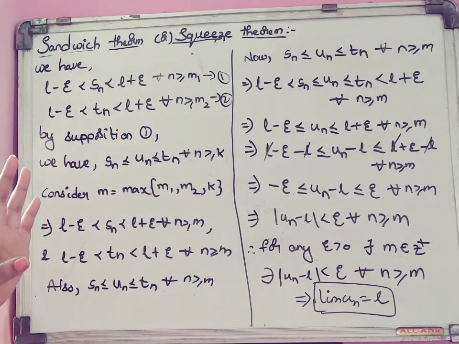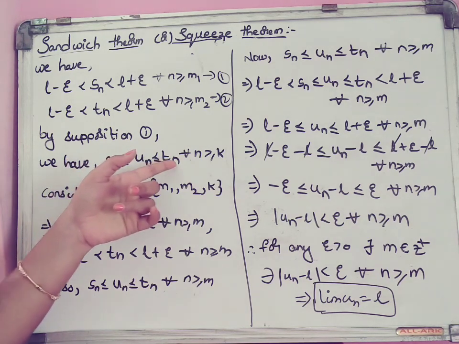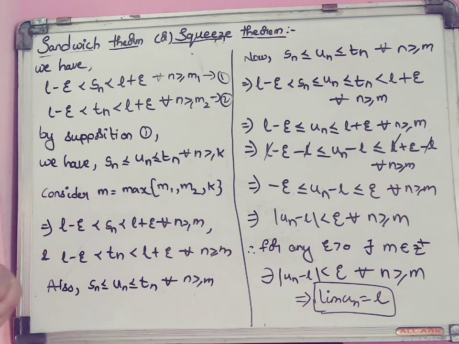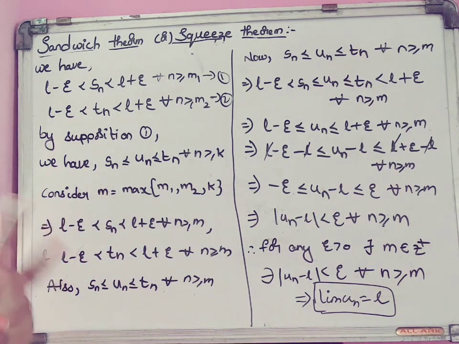What did we consider first? First we considered 3 sequences: sequence Sn, sequence Tn, sequence Un. Next, we supposed 2 more conditions. What are the conditions? Sn less than or equals to Un less than or equals to Tn. This is our first condition. Next condition, limit Sn is equals to L and limit Tn is equals to L. These are our 2 suppositions.